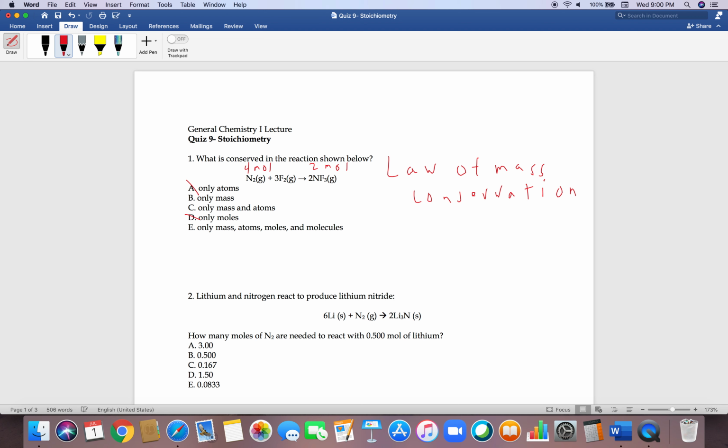So let's take a look. So we actually are conserving mass. So mass is being conserved. Are we conserving atoms? Well, yes. We are conserving atoms because if you look at the equation, we always are going to conserve atoms in a chemical equation. But are we conserving moles and molecules?